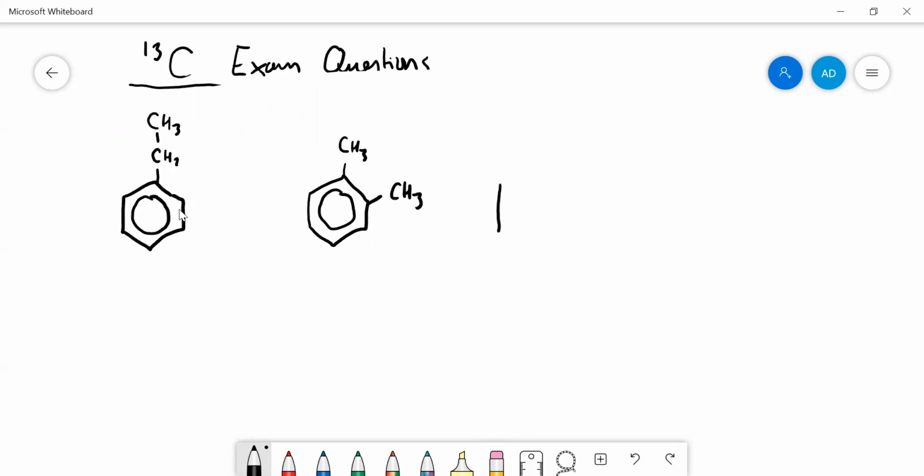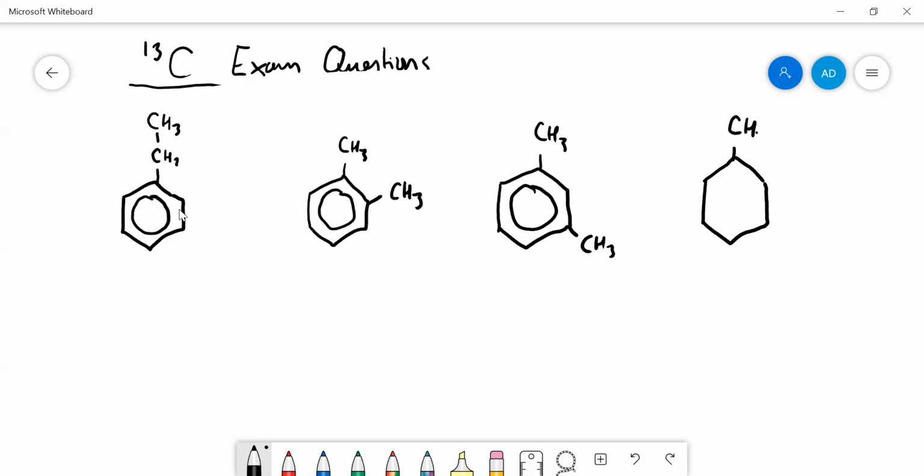Or you could have 1,3-dimethyl benzene. Or the final one you could have is 1,4-dimethyl.